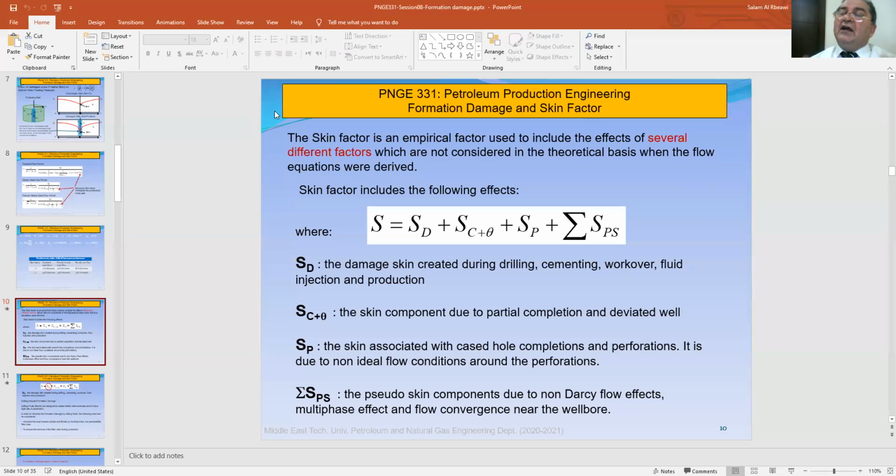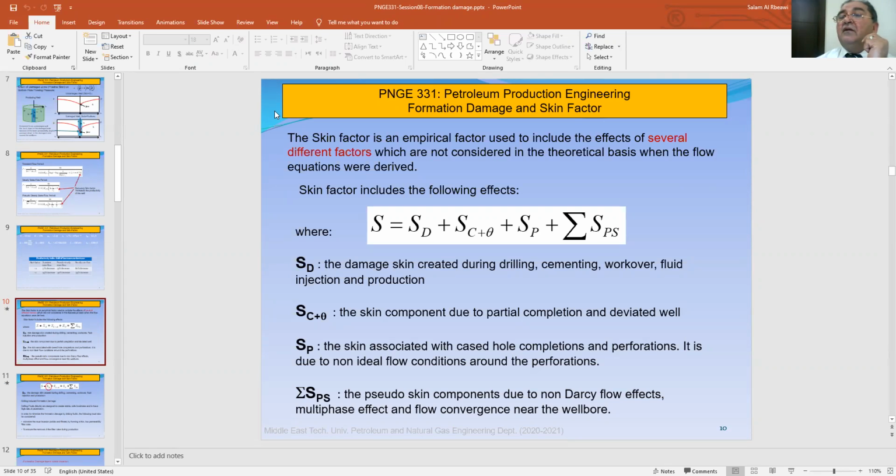Now, we have 4 main categories for the skin factor. The first one is called S sub D. S sub D is the skin factor or the measure for the formation damage caused during the completion, perforation, workover process. These are all called mechanical skin factor.